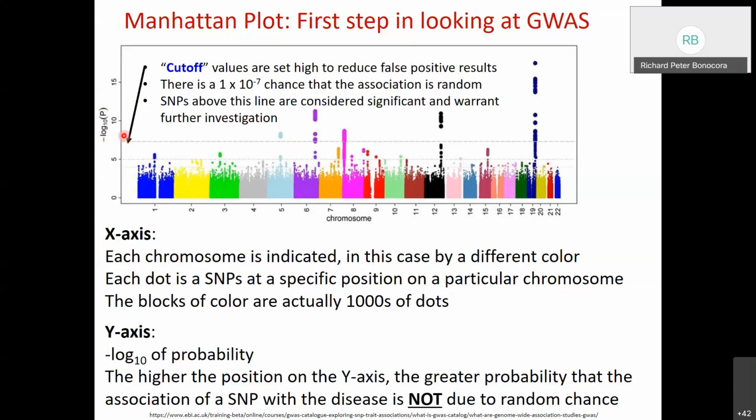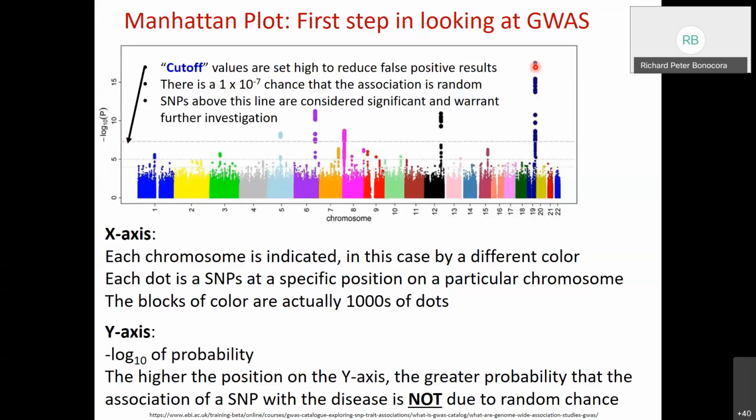And so they know that usually somewhere around 10 to the minus 7 or higher, most likely it's a significant observation. So that means there's a high likelihood that this position in the genome is associated with whatever disease, the trait, that we're talking about here.